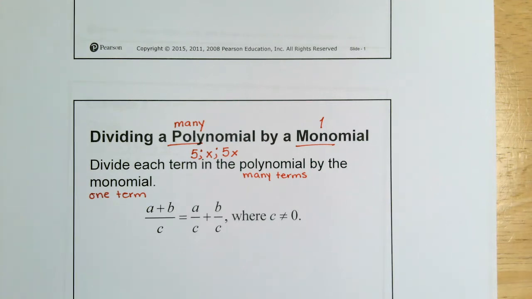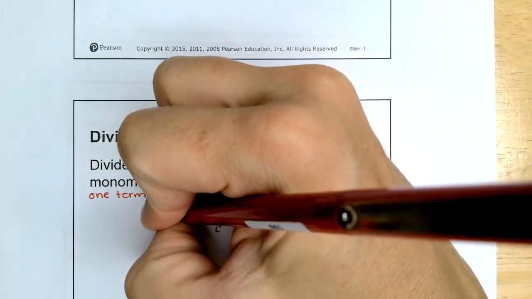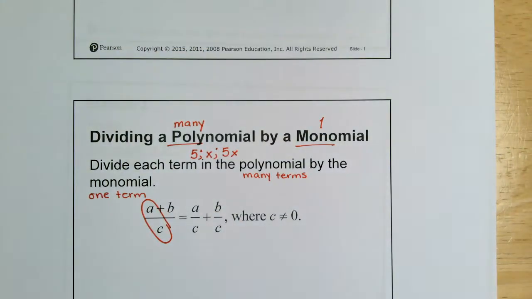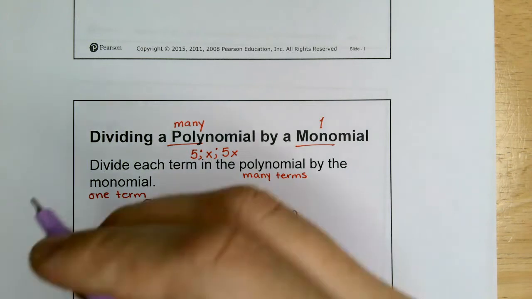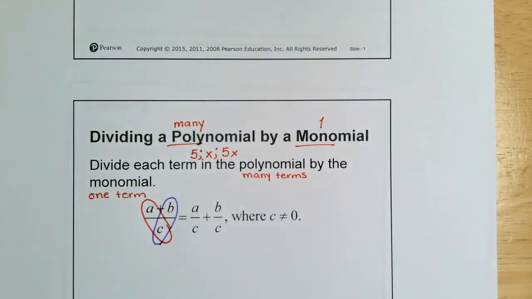If I have a polynomial divided by a monomial, I split it up. So let's see, we have a plus b divided by c. A is being divided by c. And b is being divided by c.